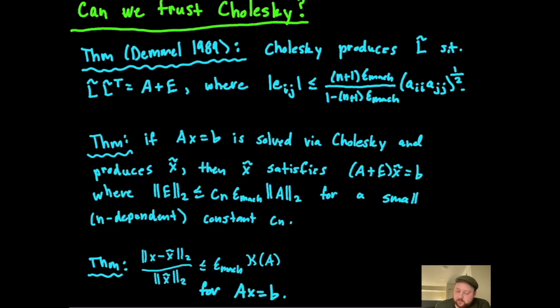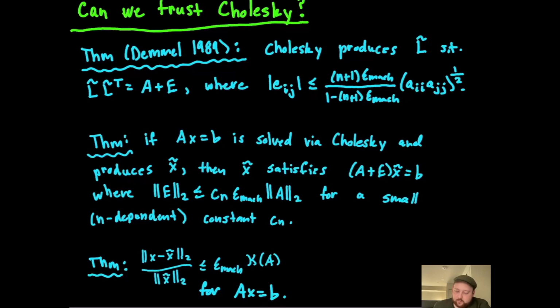So what's true about this error matrix now is that you can bound its 2-norm by some small constant times the machine epsilon times the 2-norm of A. Right, so unlike this other expression, which was an element-wise, absolute value statement, here we get something in terms of the 2-norm of A. So this basically tells you that yes, Cholesky is a backward stable method for computing solutions to linear systems with SPD matrices A.